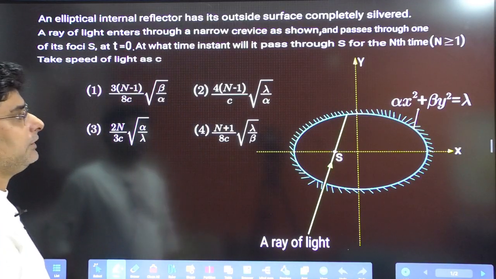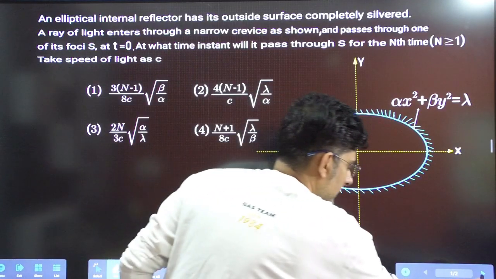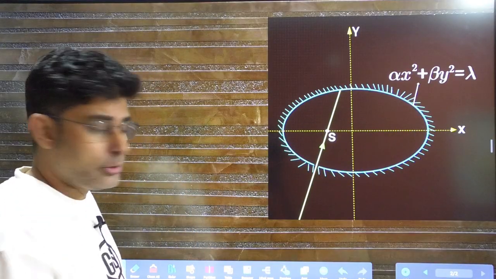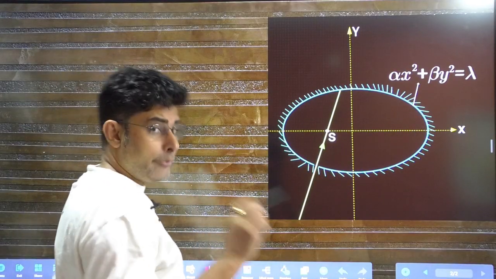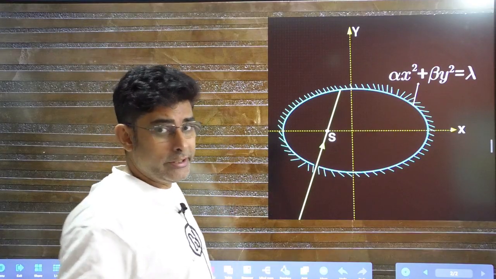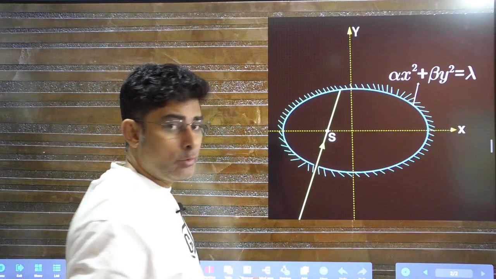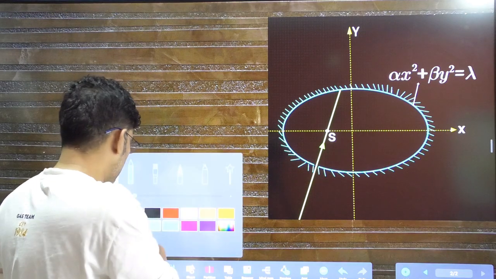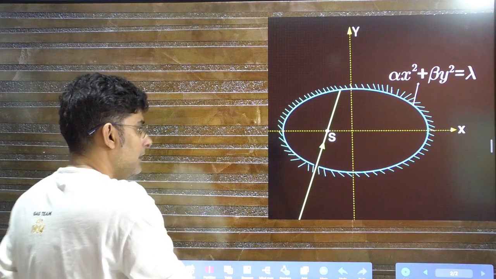Okay, so let's proceed with the solution and see an interesting thing about the ellipse, which all of you should be knowing, and if you did not, then from now onwards you will definitely remember this. So what is that important property of the ellipse?